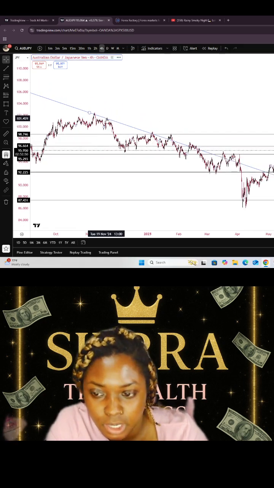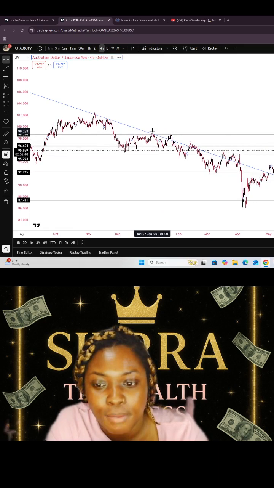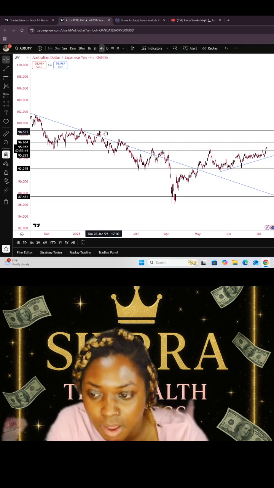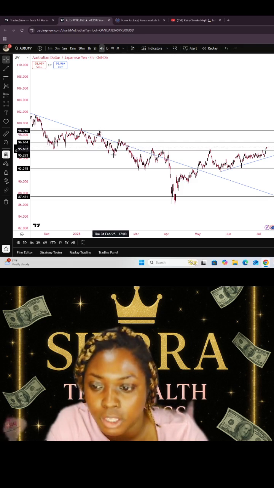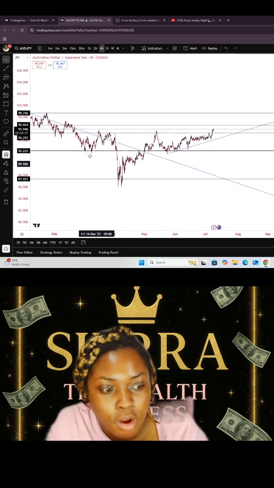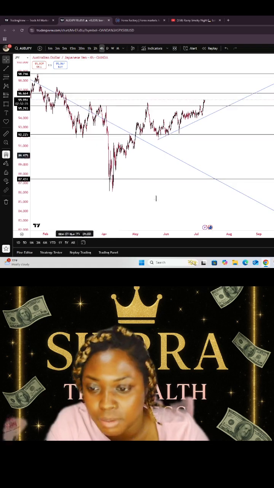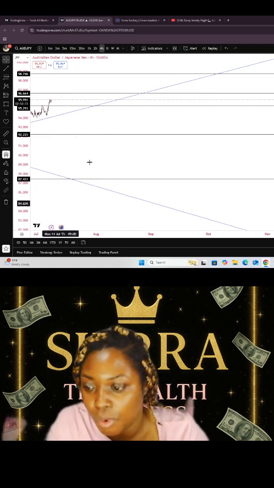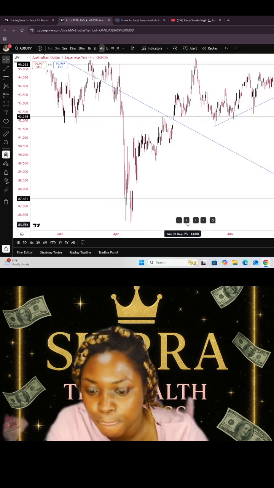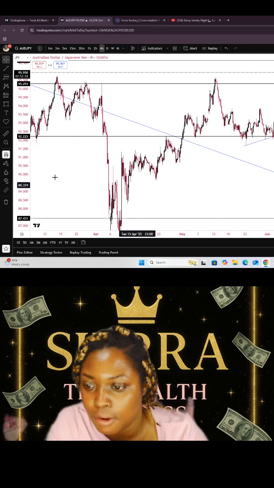Came back to this trend line, it sold. Came back to this trend line, it sold. Price broke a little bit above, it didn't hold, it sold. Came back to the trend line, sold. So the story on this trend line is when price comes to this trend line, it sells. Well, this time it didn't. This time, price broke the trend line.